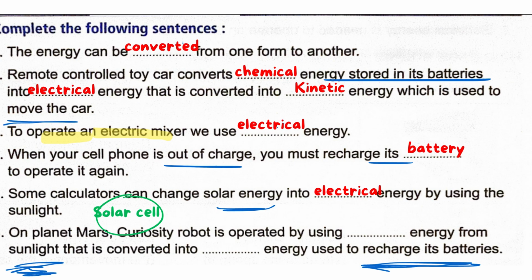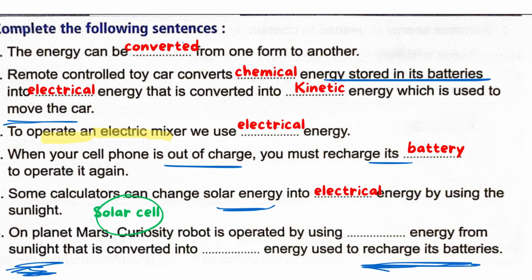Here on planet Mars, Curiosity robot is operated by using what energy? From sunlight that is converted into another energy used to recharge its batteries. So here we will talk about the first part.